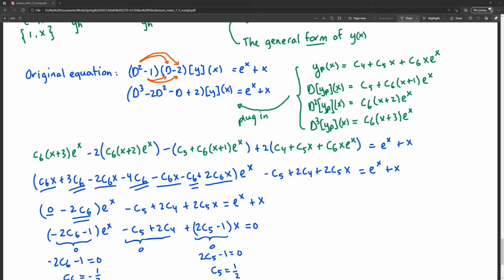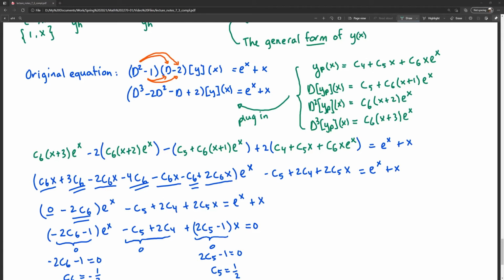So if we combine all the terms with e to the power x, we end up with this expression here. And then we combine all the other terms, we end up with this right here. It turns out that all the terms with x e to the power x cancel out. We get a 0, and then all the terms with c6 end up being negative 2c6 times e to the power x.